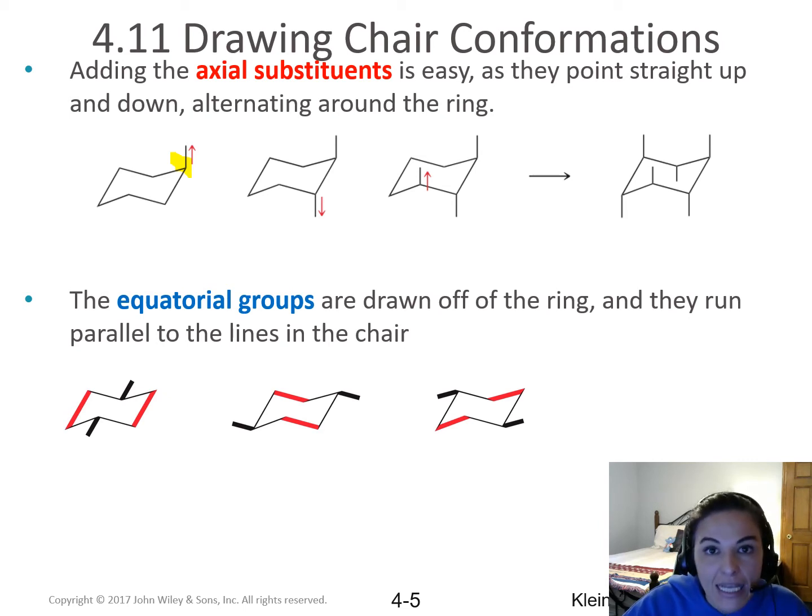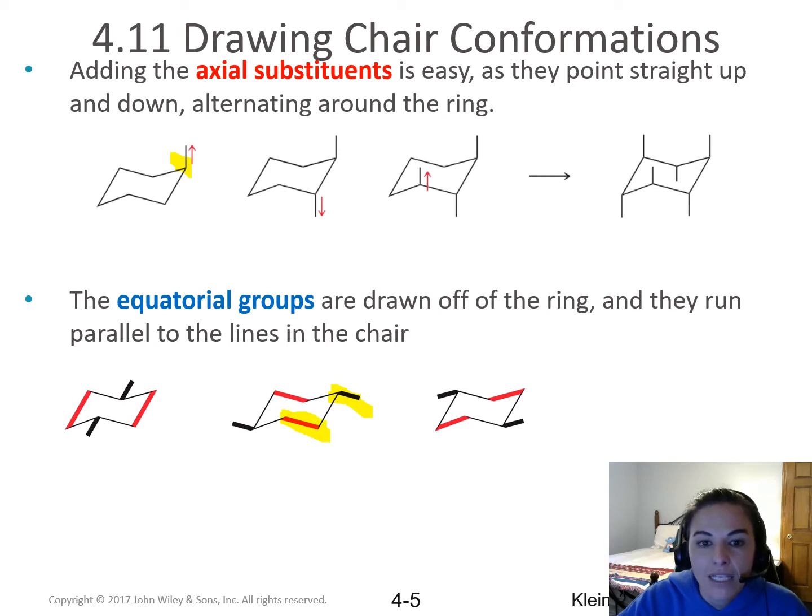Once again, let's start with our top right-hand carbon. My equatorial bond will be pointing in the opposite direction of whatever my axial bond was pointing toward. My axial bond for that top right-hand carbon was pointing up, so my equatorial bond will be pointing down, and it will be running parallel to this line right here.